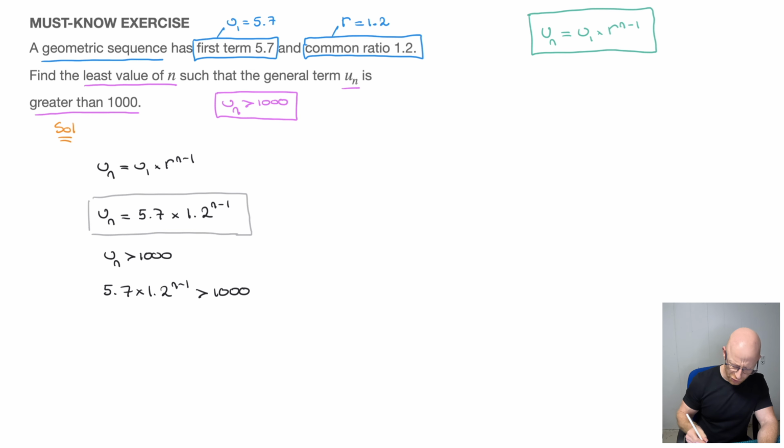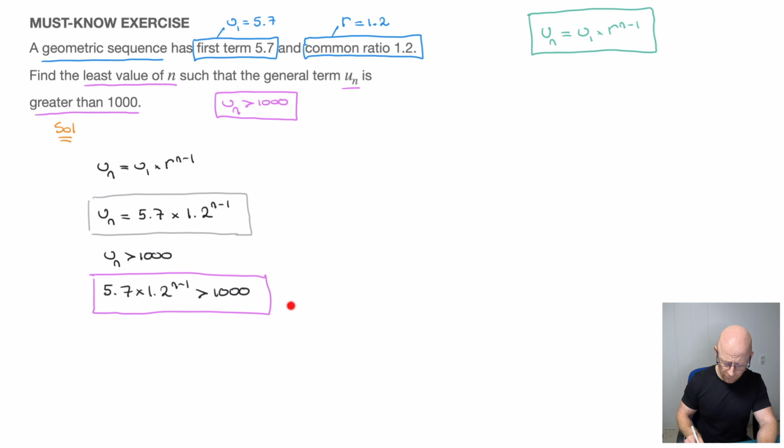At this stage, I'll go ahead and box that inequality. Solving this inequality will lead us to the value of n that we need to find. Indeed, solving it will tell us the smallest value n can be such that this expression is greater than 1000.